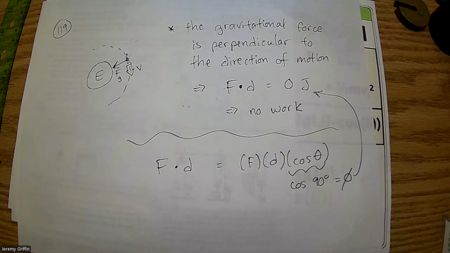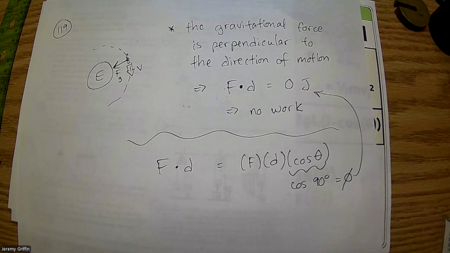That's also true whenever you have a block sliding on a track or a roller coaster on a track. The normal force from the track, I mean, there is a force there, but it never actually does any work on the block or on the roller coaster for the exact same reason. The normal force and the motion of the coaster are always perpendicular, so there's no work being done.